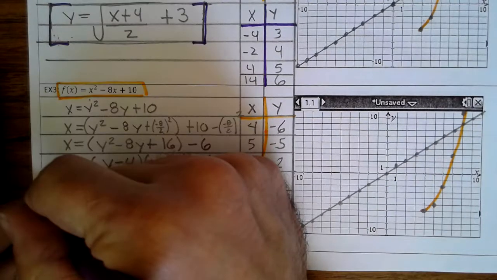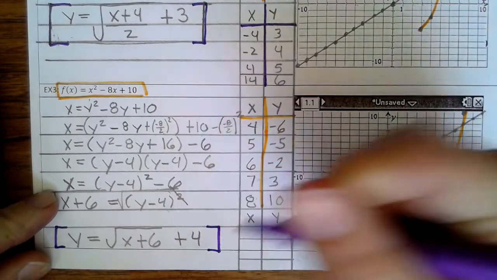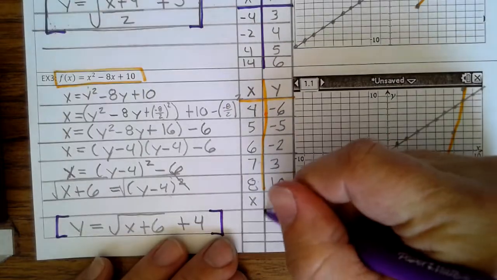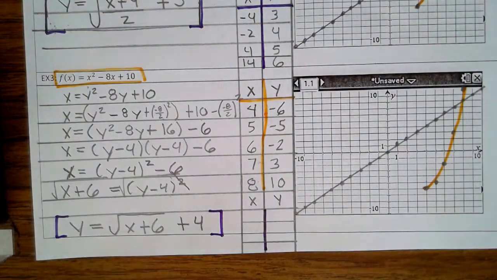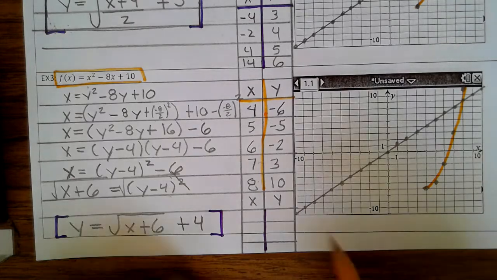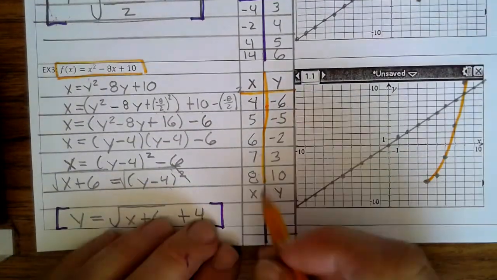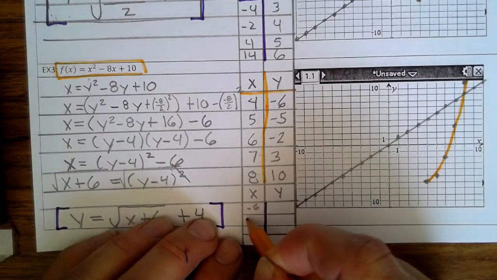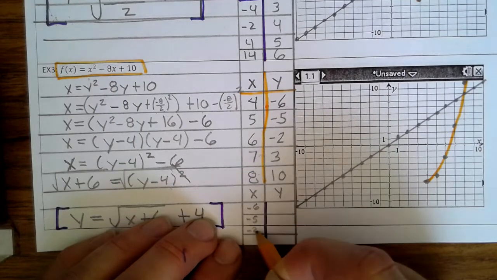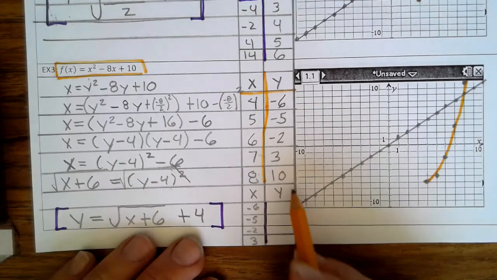So we just switch the x and y, so that's negative 6, negative 5, negative 2, 3, and we know it's 10. And then the y values are 4, 5, 6, 7. And we know what the last point is. Okay, so let's graph those.